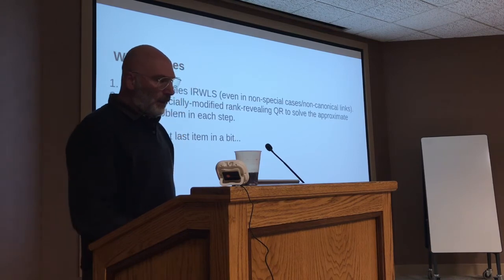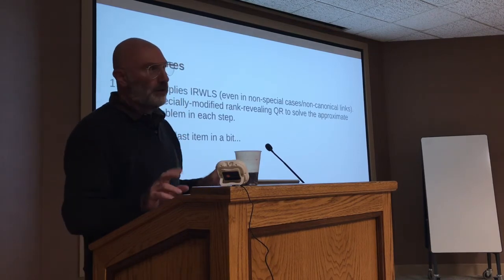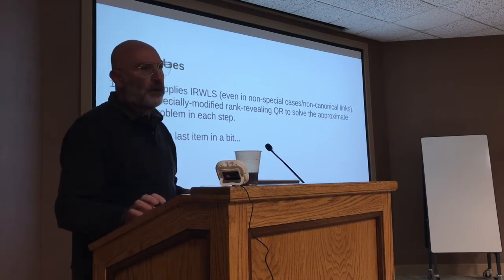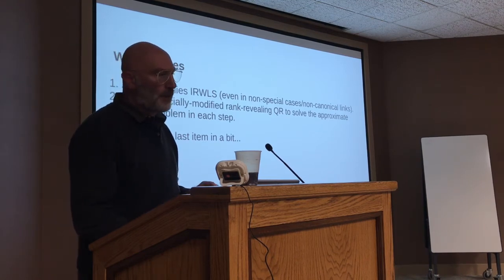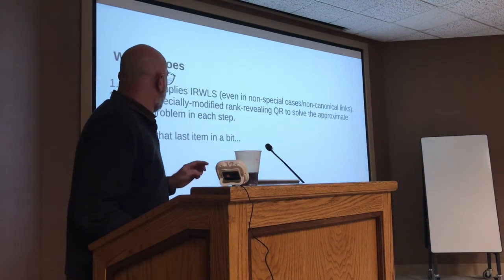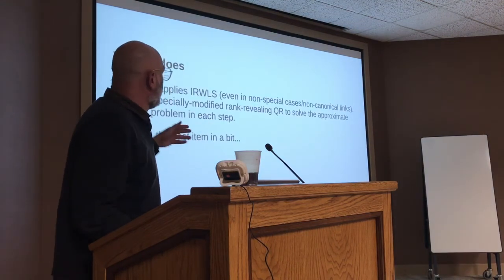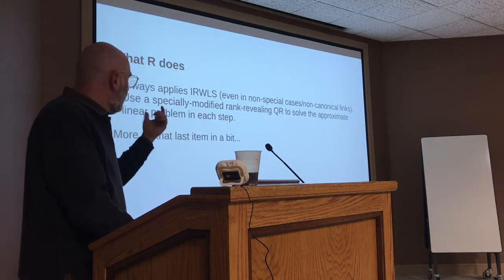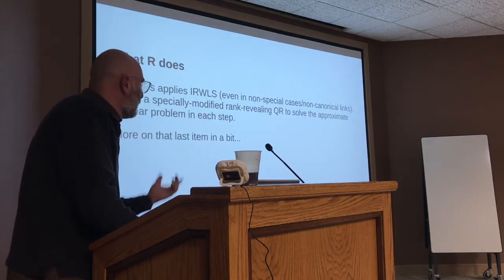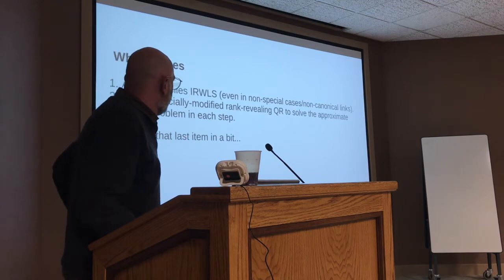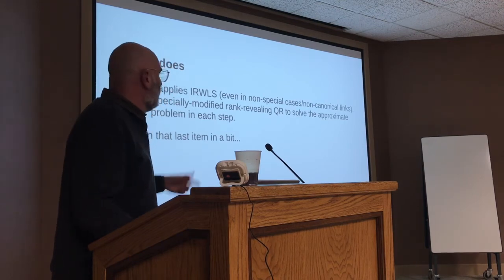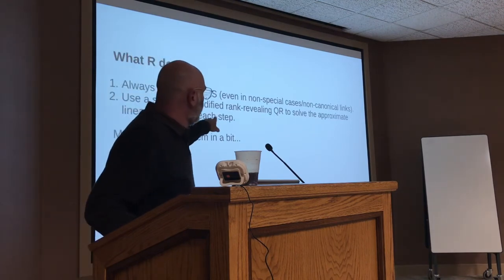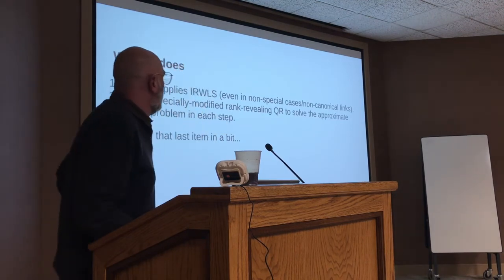And he does that to handle edge cases. It's called a rank revealing QR. We'll defer discussion of that for just a few slides. But they use a QR in each one of those to solve each one of the least squares problems in each step. Every time they compute a new QR decomposition. And by the way, McCullagh and Nelder say to do that in their book.